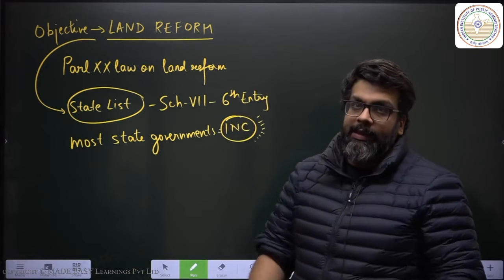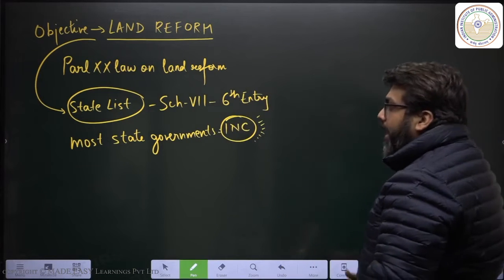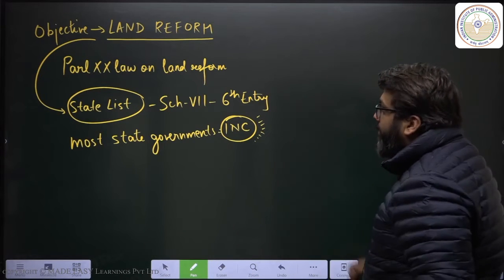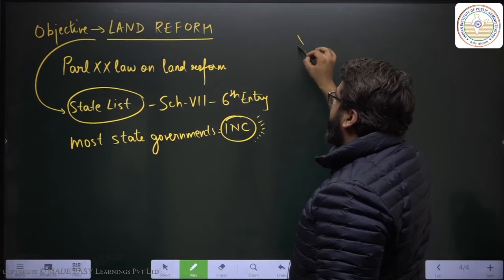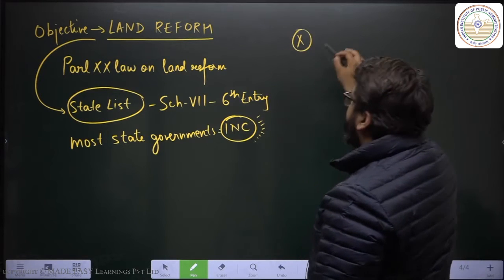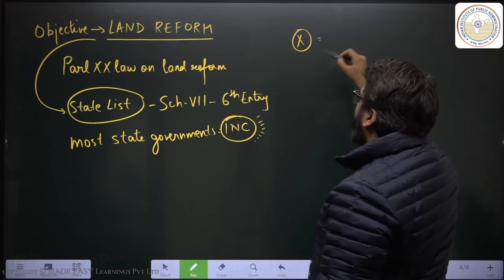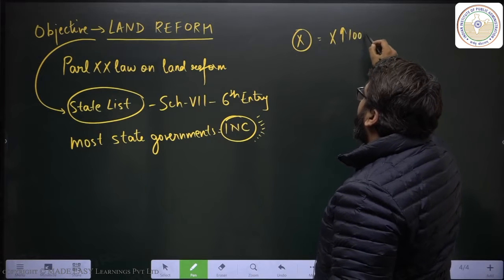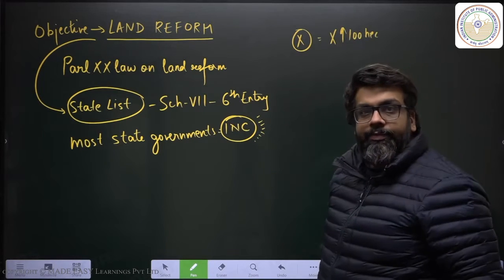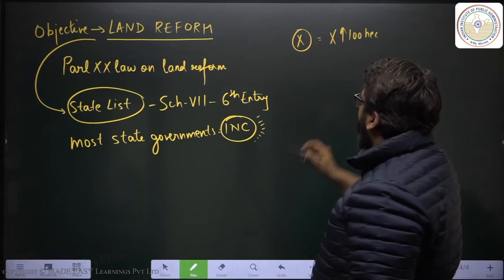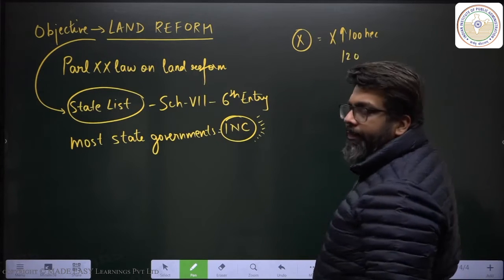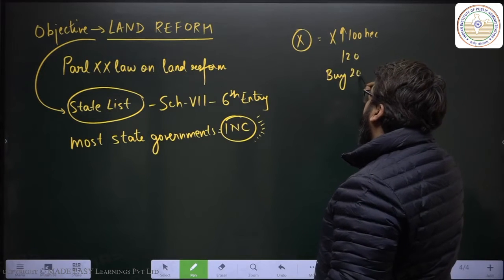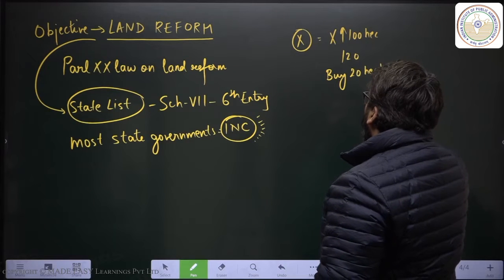And what are these land reform laws? These land reform laws, which will be created state by state, are nothing but, suppose this is state X. In this state X, let us say, for example, nobody can own more than 100 hectares of land. Just a random example. If you own 120, the government is going to buy the 20 hectares from you.